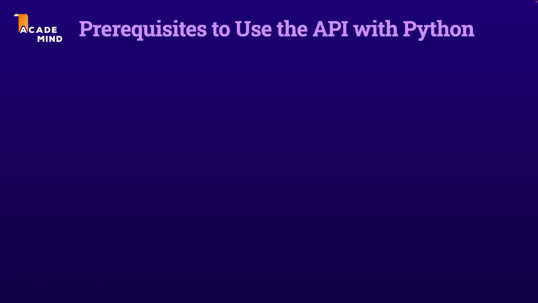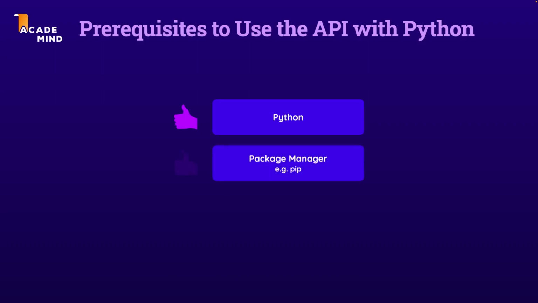And to be able to follow along now, you need to have Python installed on your machine. Besides Python, you also need a package manager, for example pip, which is the de facto default package manager the majority or many Python developers use.